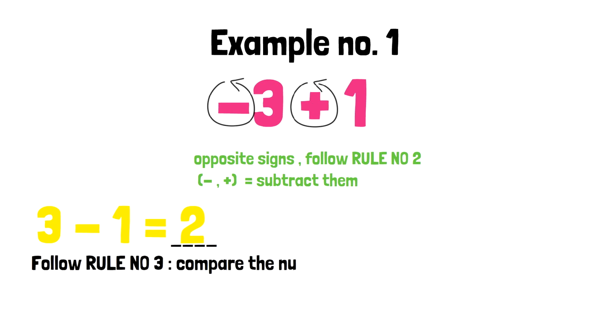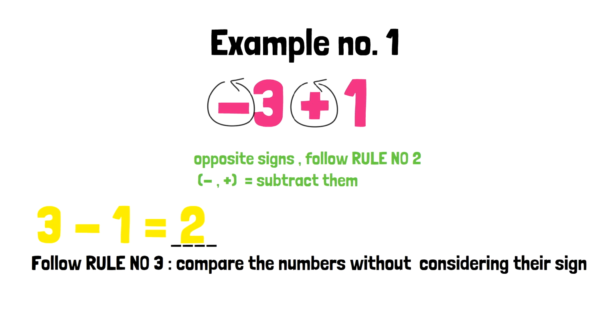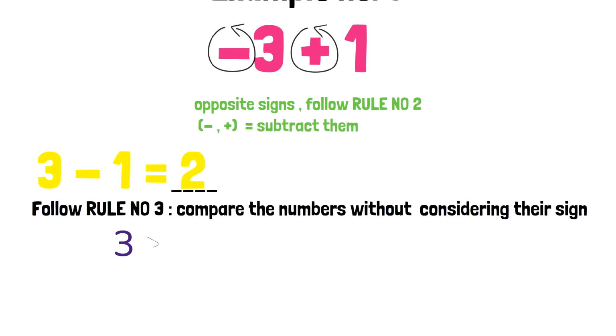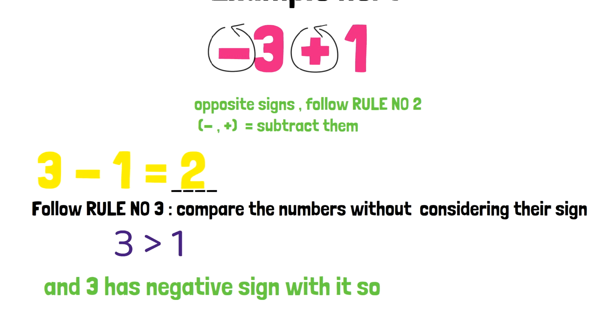Compare the numbers without considering their sign given in the question. So, 3 is greater than 1. And now, as 3 is greater than 1 and has negative sign in the question, so put negative sign before the final answer. So, the answer is minus 2.